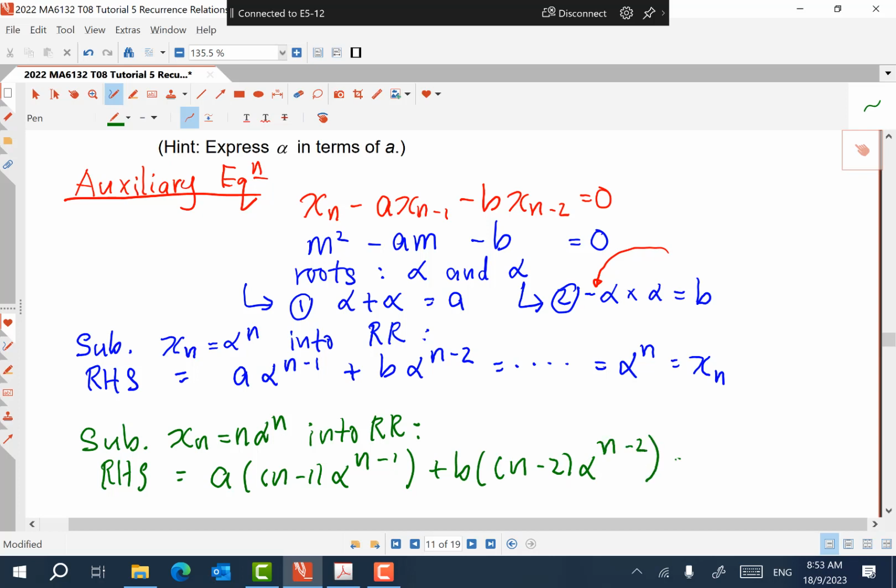And again, you do the same thing, and you must show that eventually it equals alpha to the power of n, which is your xn, and therefore your left hand side. You just need to show this. So I leave it to you to do the green color because the time has come for us to end the lesson so that you can go for your PE. It's PE, right? Okay.